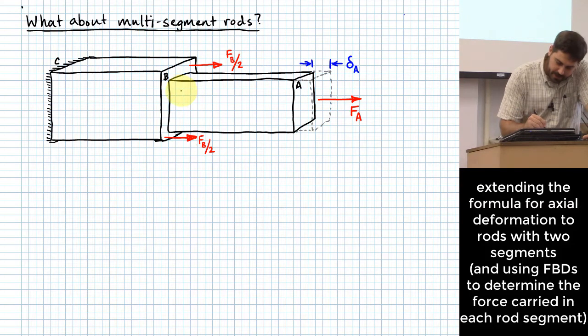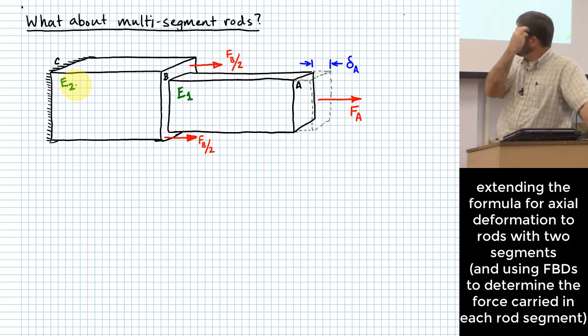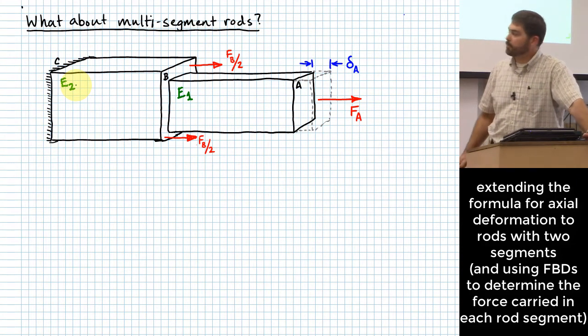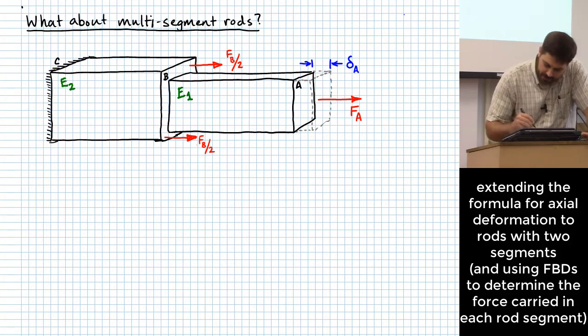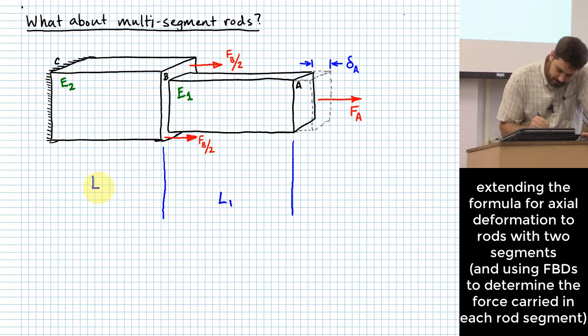Maybe this one has an elastic modulus value of E1, and over here maybe this one has an elastic modulus value of E2. They can be two different kinds of material. They also could have different lengths, right? So let's say this piece has a length of L1, and this one has a length of L2.